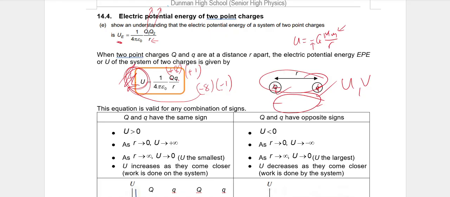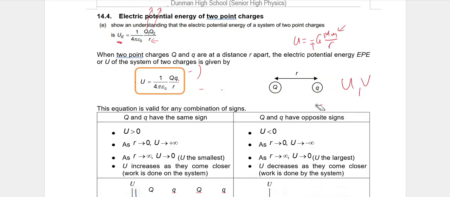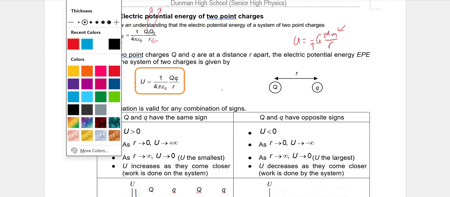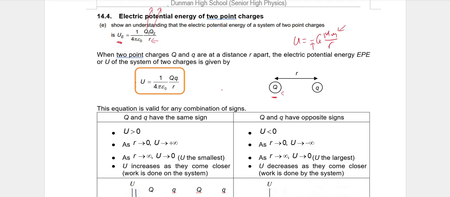It's negative when the charges are of opposite sign. So if, let's say, big Q is negative 8 and small q is plus 1, then minus 8 multiplied by plus 1 will make U negative.